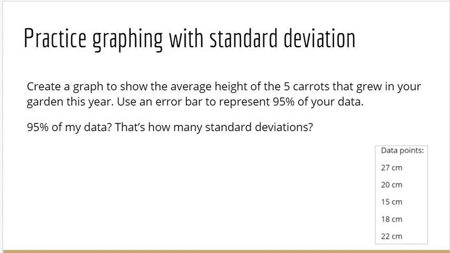Think about whether this would be a bar graph or what. My hint to you is it's going to be a bar graph with one bar. And then we already have our standard deviation, right? We know it's like 4.5. Then draw in your error bars to represent 95% of your data. And if you bring this to class, I'll show you what it's supposed to look like.